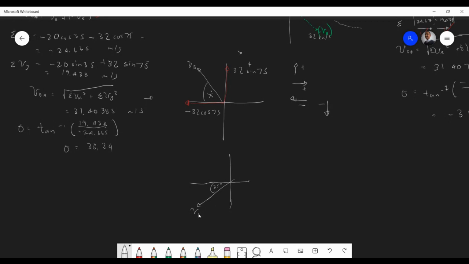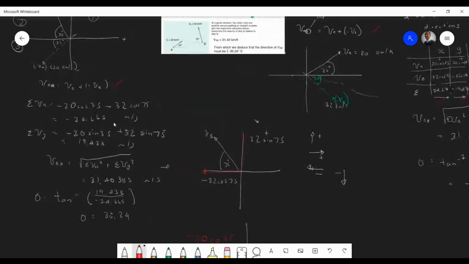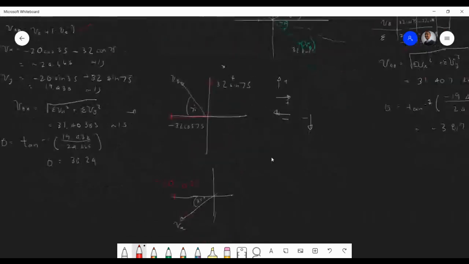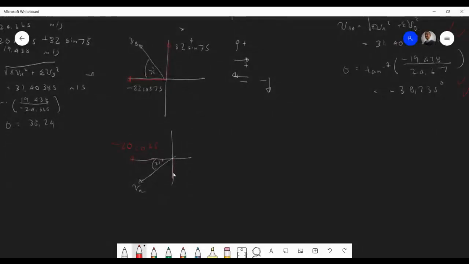VA, right? In components, that is going to be 20 VA cos 35, and that's also negative. And this one is going down like that, so that's going to be 20 sine 35 negative.